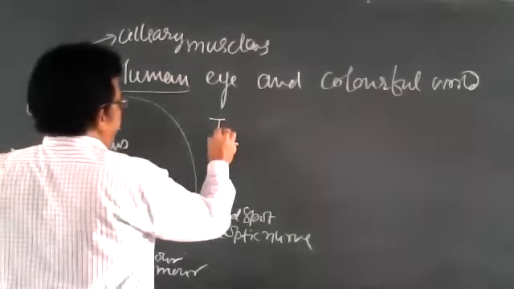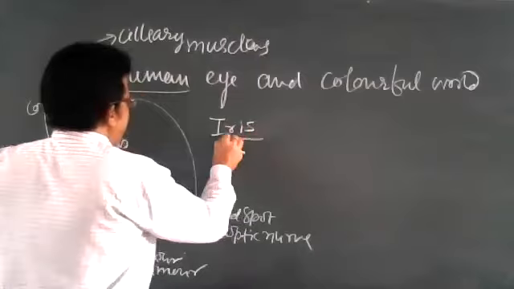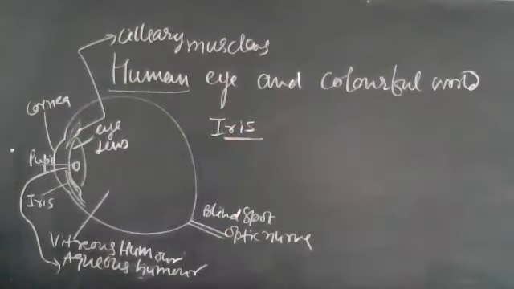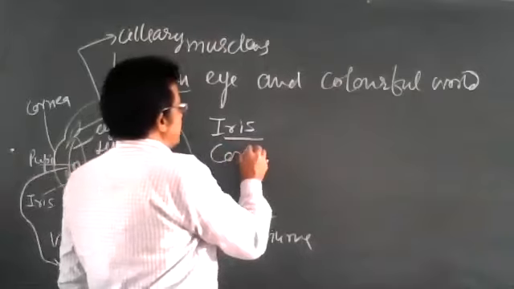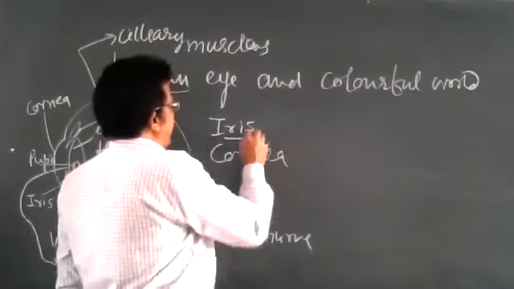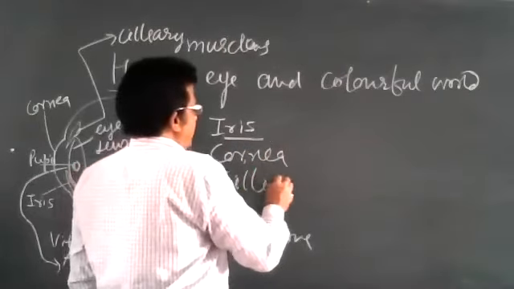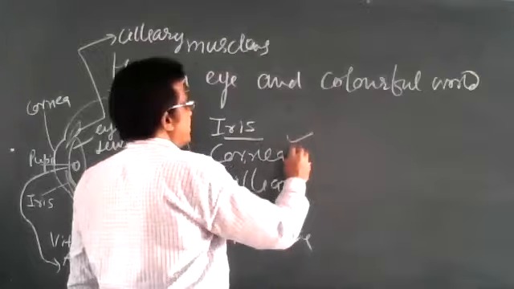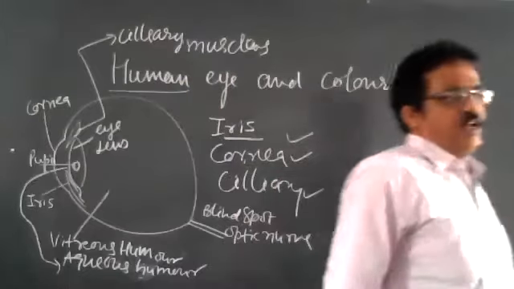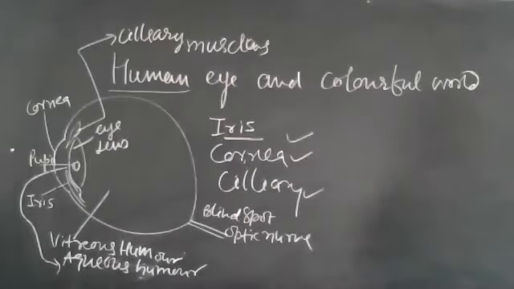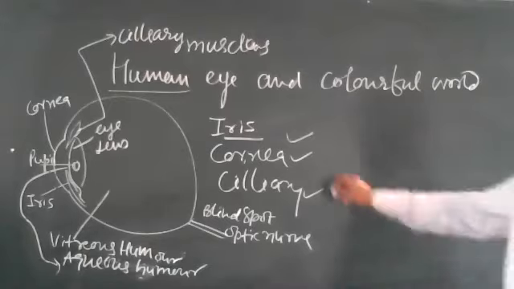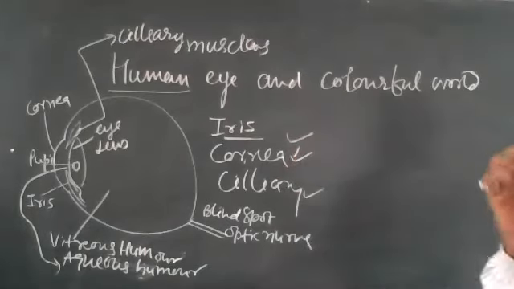What is the role of the cornea, iris and ciliary muscles? What is the functioning of these three? Write down, my dear children. First write cornea. What is the function of the cornea?